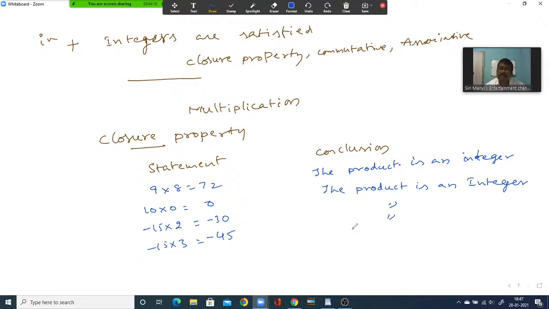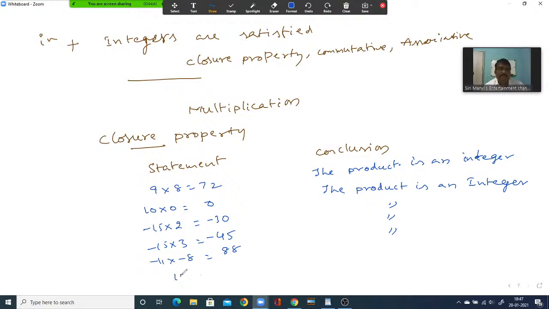So product minus 45 is also an integer. Next, minus 11 into minus 8 is 88. So here the product of two integers is also an integer.